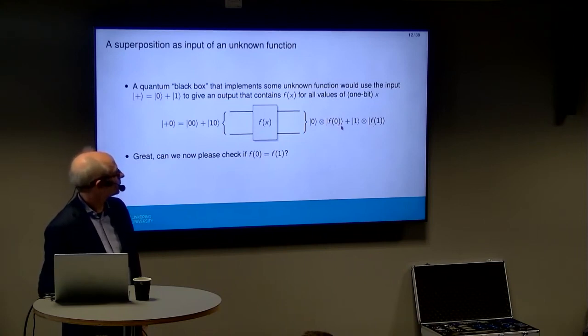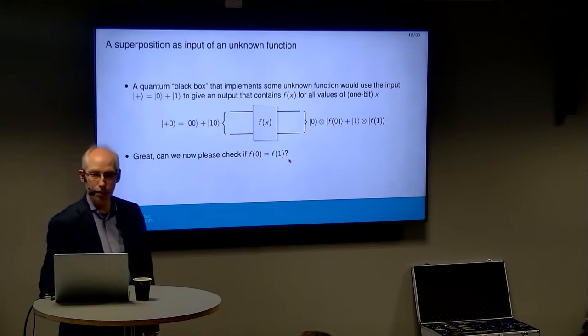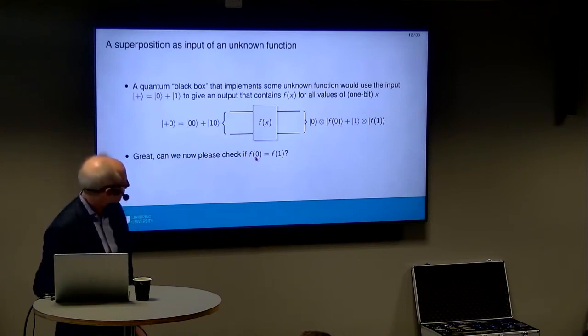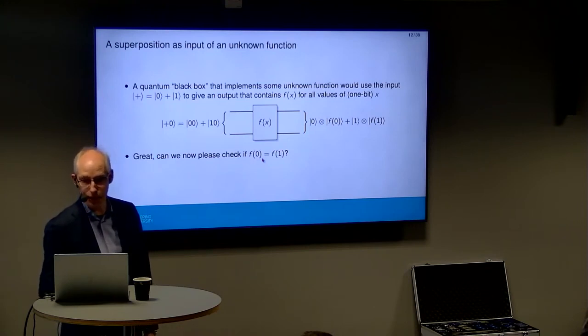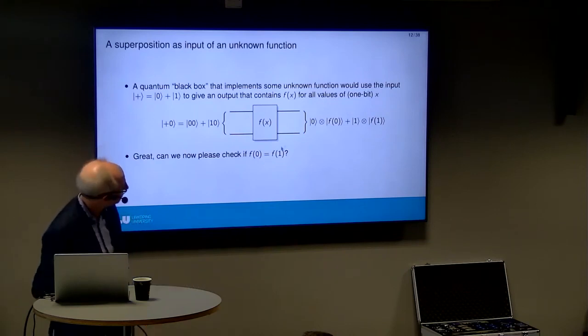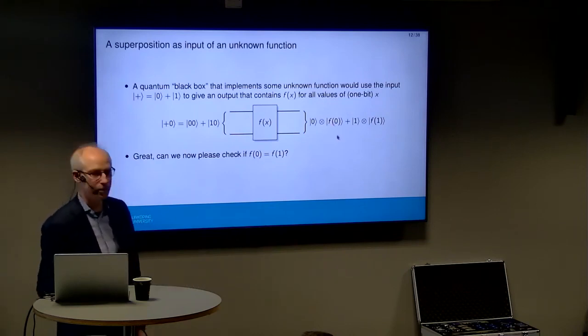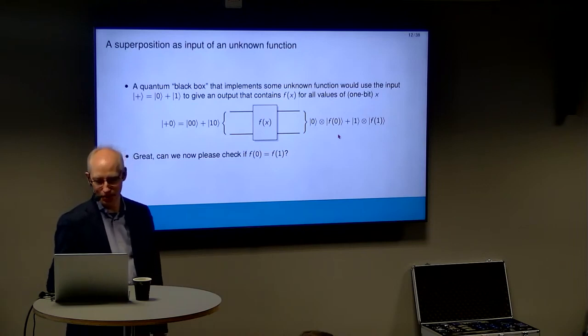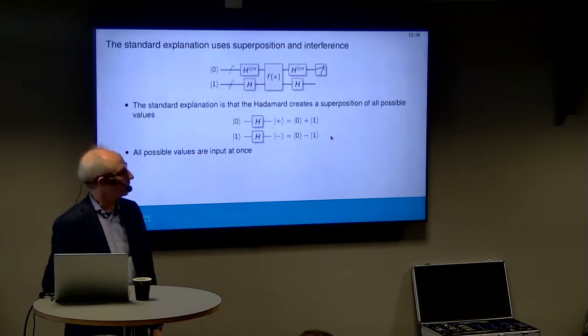I'm calculating this in parallel. Can we now check if f of 0 is equal to f of 1? That's actually the question I want to answer there. Is the function balanced? Then these will be different. If the function is constant, they will be equal. So that's the question I want to answer. I have both function values immediately here. Oh, fantastic. Well, it's not that simple.